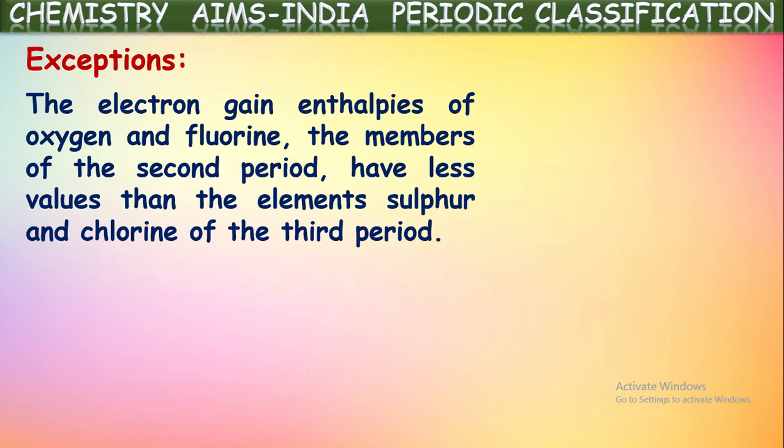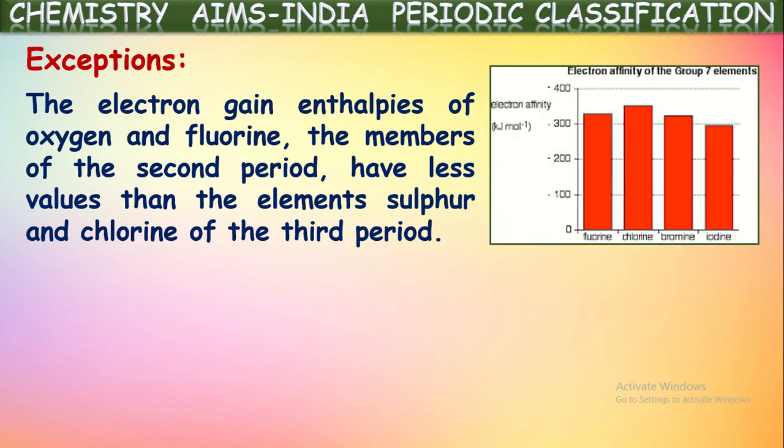Actually, fluorine should have the highest electron affinity, but chlorine is having greater electron affinity than fluorine. So, if you see the seventh group elements, electron affinity values, first from fluorine to chlorine, it is increasing. I observe this. So, after chlorine again, gradually it is decreasing as size increases.